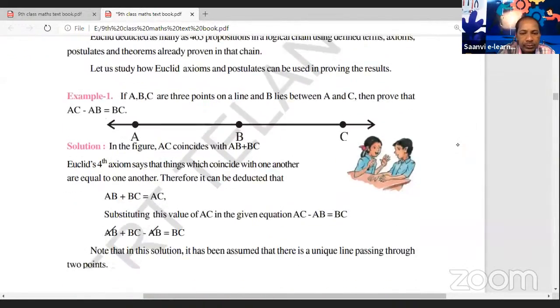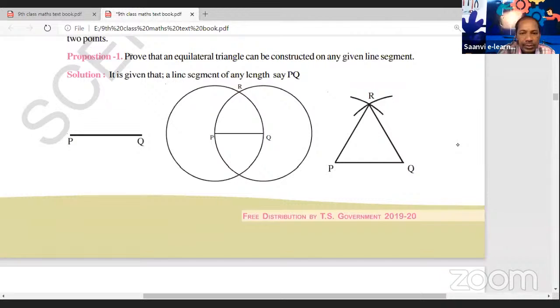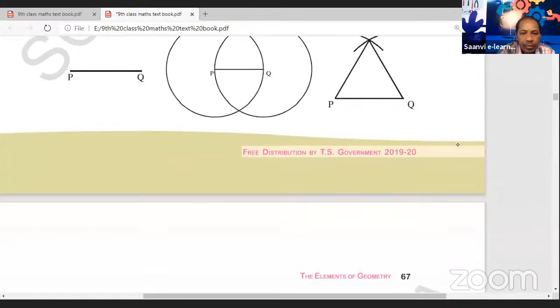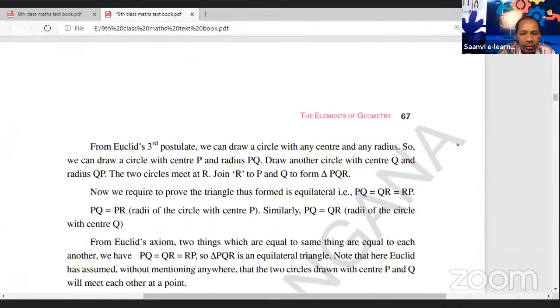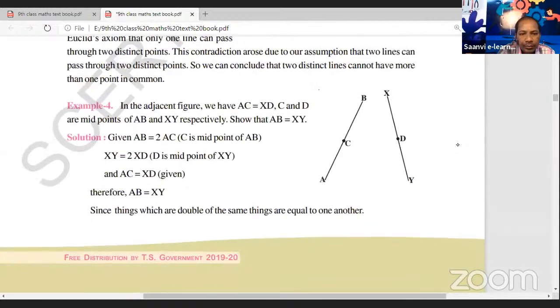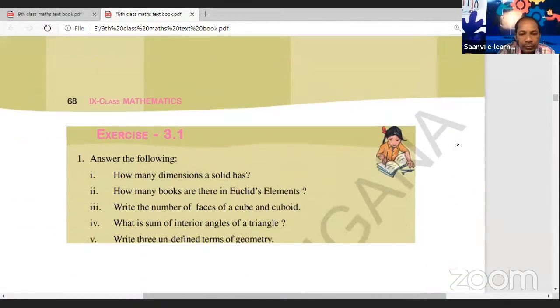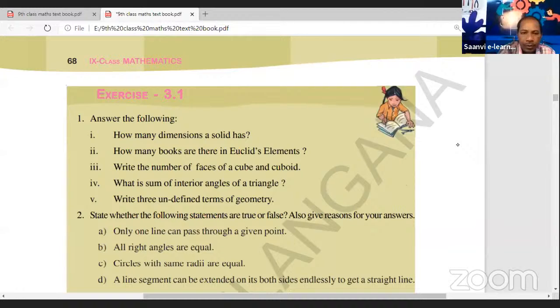And see children, now all of you open exercise 3.1.